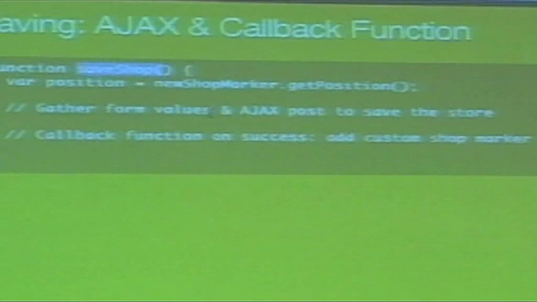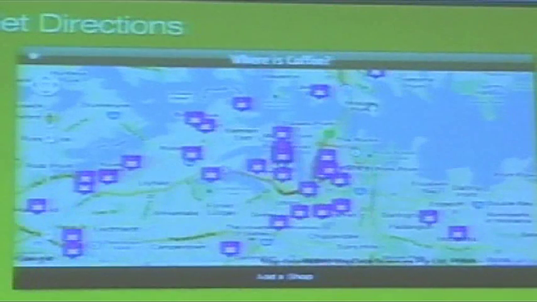We could do it with an AJAX call, and send it to the backend server of your own, and you can save that data and then return a status code of OK. Once that data has been saved, you take a callback function that'll put a marker on the map. So let's try it here.